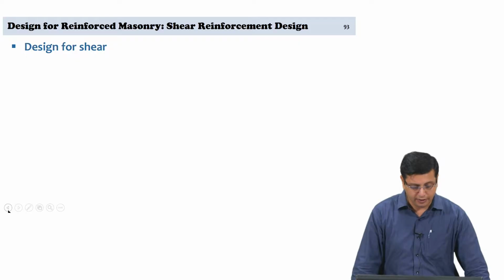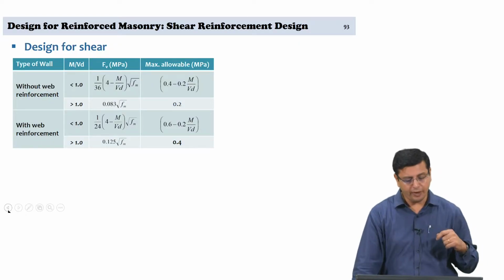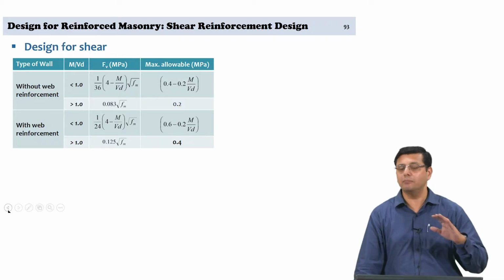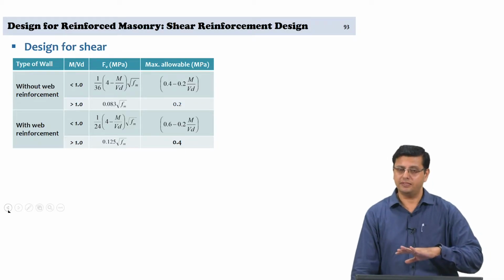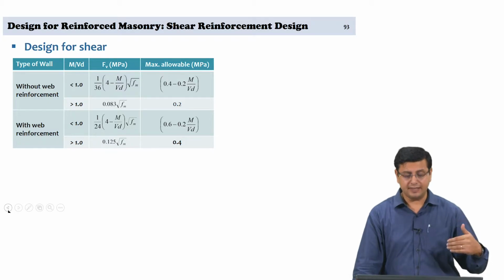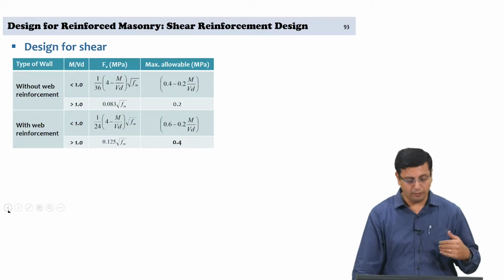So, if you recall, we had this table where there are two parts to the table. When you design considering the masonry to take care of the shear, or you design such that the reinforcement takes care of the shear coming onto the wall.